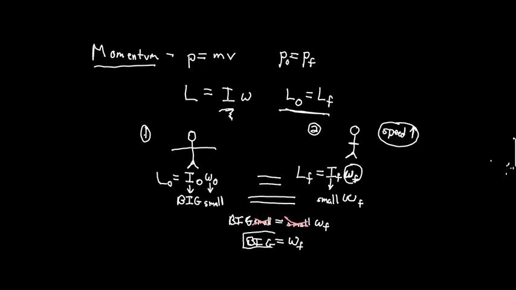Okay? The final thing we need to talk about for angular motion, in studying and understanding how things move at angles, is just a quick corollary between linear and angular energy. If I'm moving in a line, I have some kinetic energy. That kinetic energy is equal to 1/2 of my mass times my velocity squared. Now, if I want to figure out what this is for rotational motion, I need to use my analogs.